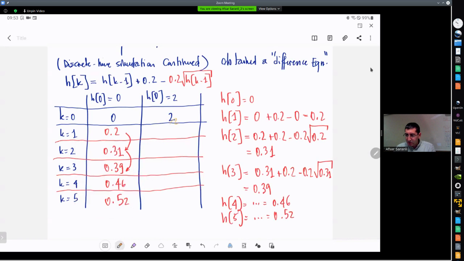So this starts with 2, so it goes to 1.92, 1.84, 1.77, 1.70, 1.64. Okay, again the difference starts larger, and it gradually diminishes.